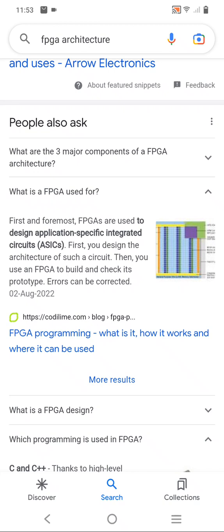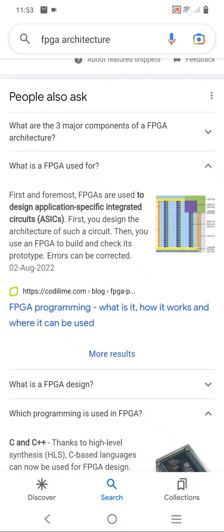First you design the architecture of such a circuit, then you use an FPGA to build and check its prototype, okay. So first you have to design the architecture of such a circuit, then you use a field programmable gate array.